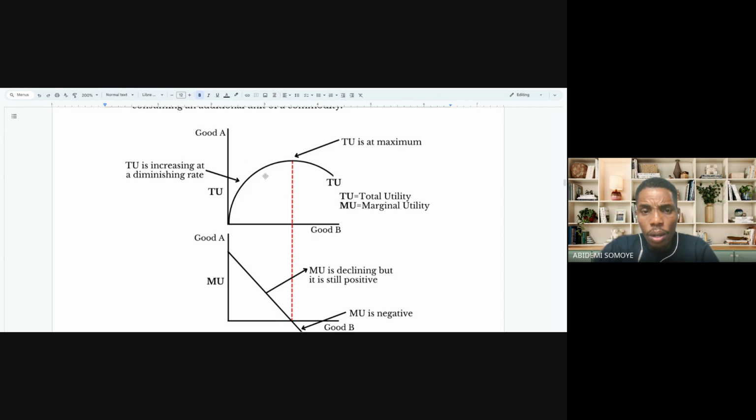But the more of that good you consume, look, the marginal utility is downward sloping. The lesser satisfaction you get from that extra unit you're consuming. So the more goods you consume within a given time, the lesser satisfaction you get. Right?